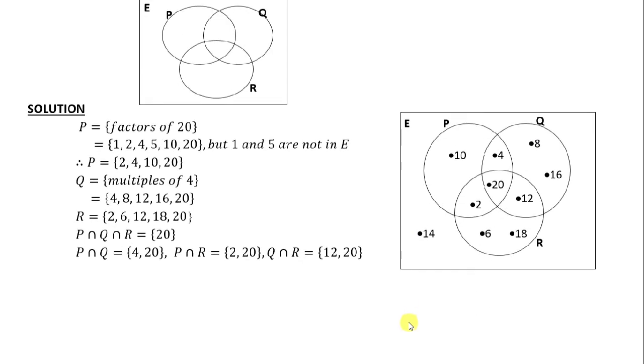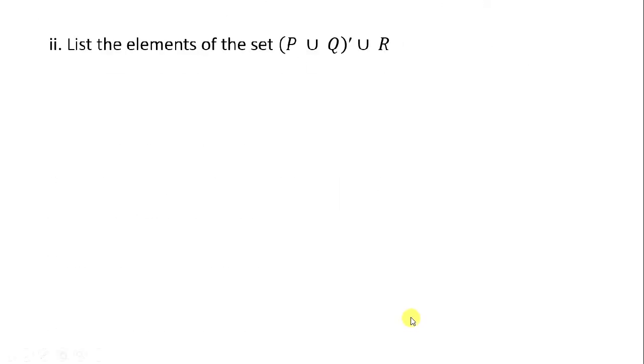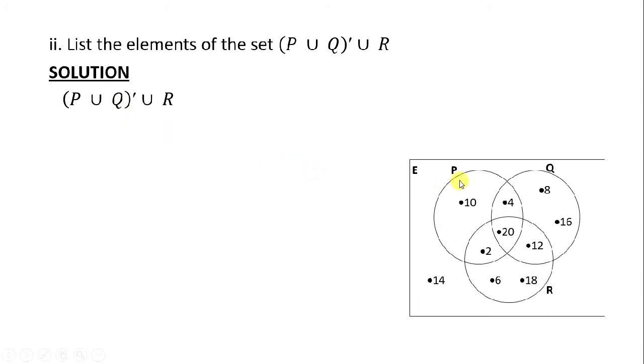We continue. List the elements of the set P union Q complement union R. So we are going to look at which elements are found outside the combination of P and Q. So we'll take it step by step. P union Q is that region, but they are saying complement, meaning combine P and Q, but those elements which are found outside.